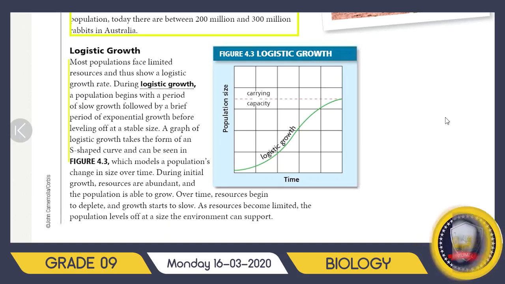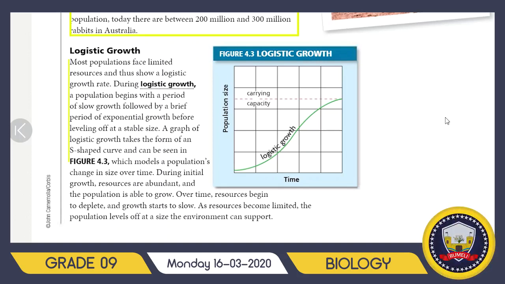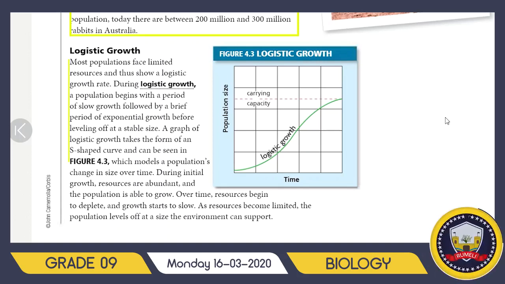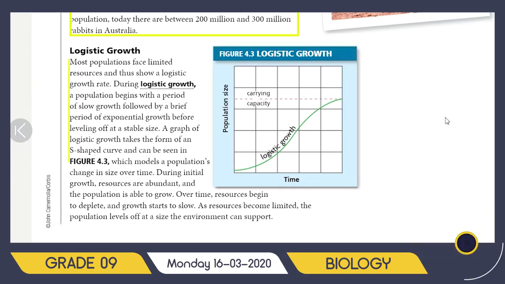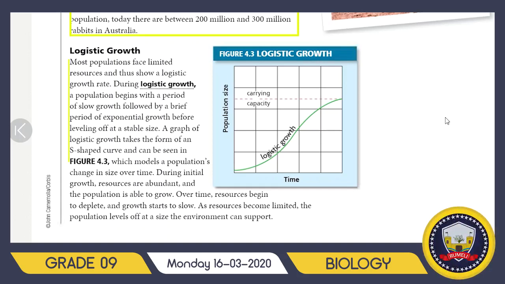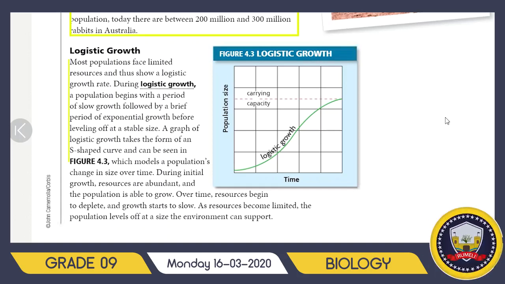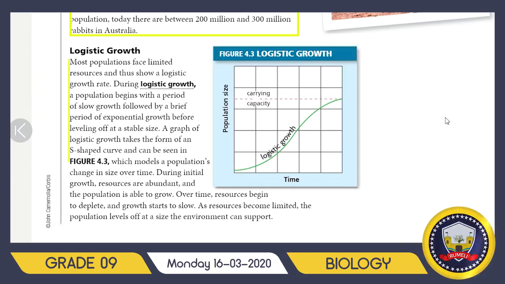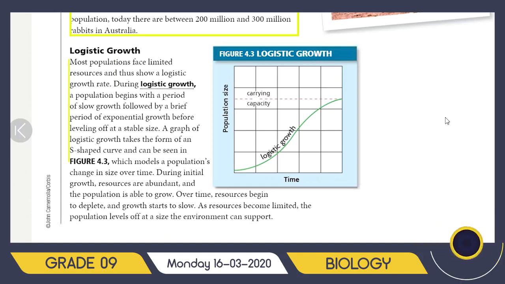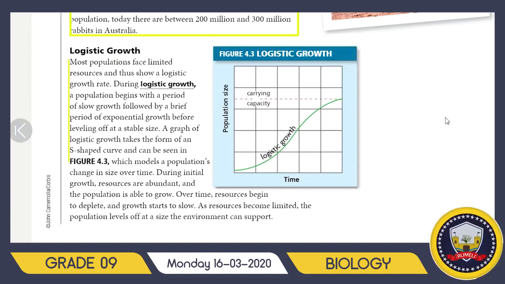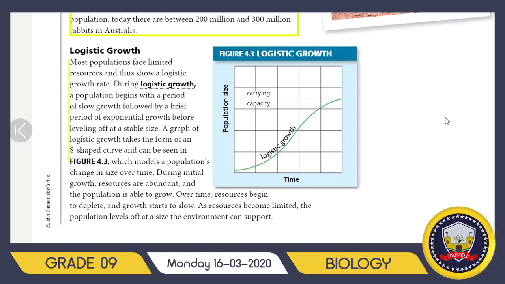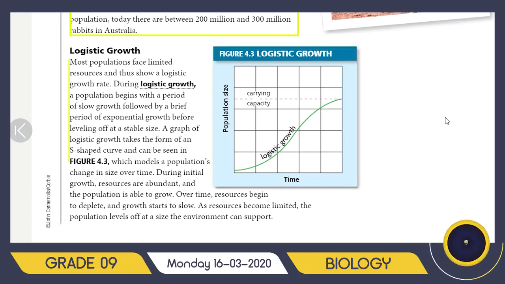Let's give an example of that. Let's say in some village in a rural area, agricultural areas, we have a certain area, let's say 200 square meters of land, that can only support the population growth of 10 people.